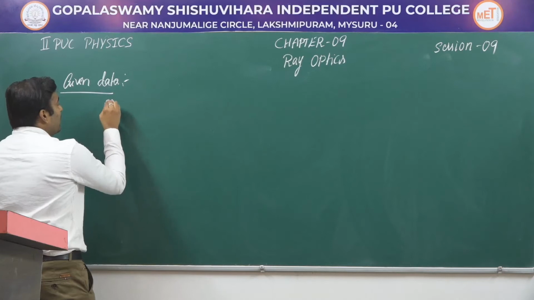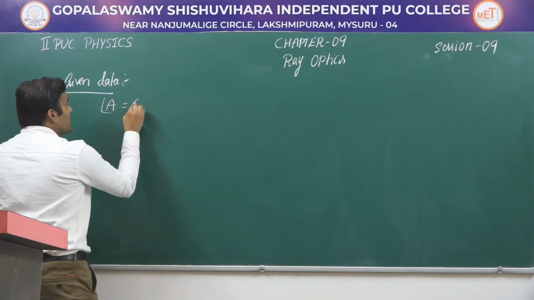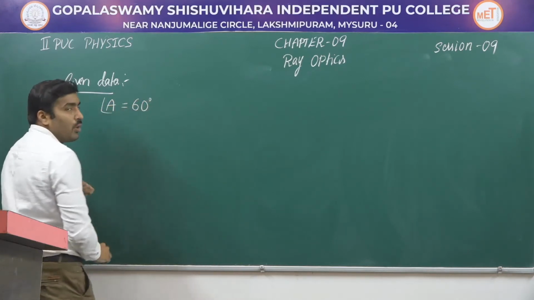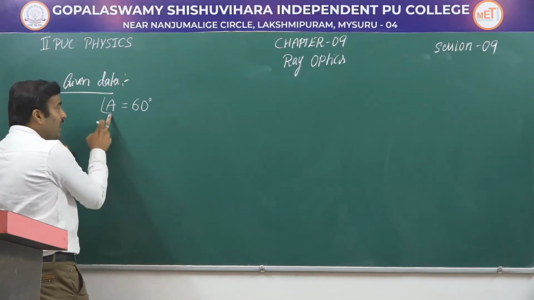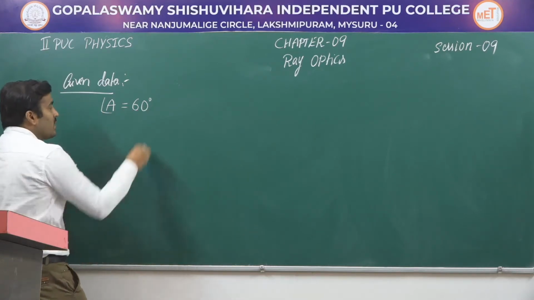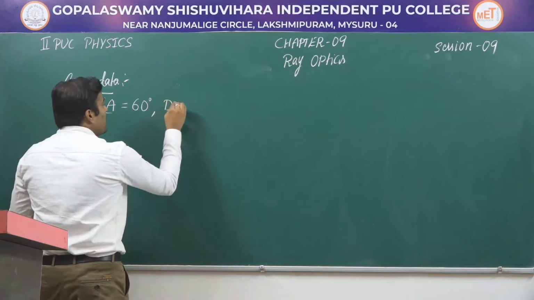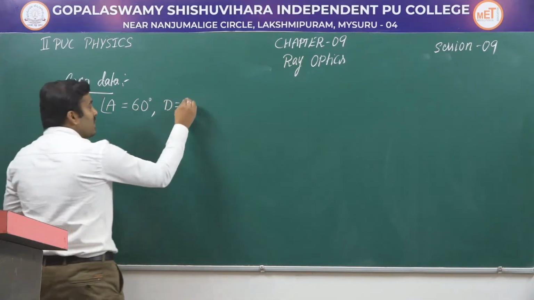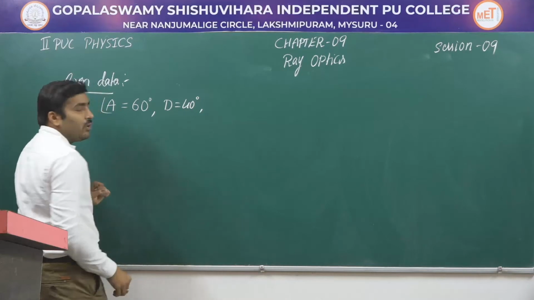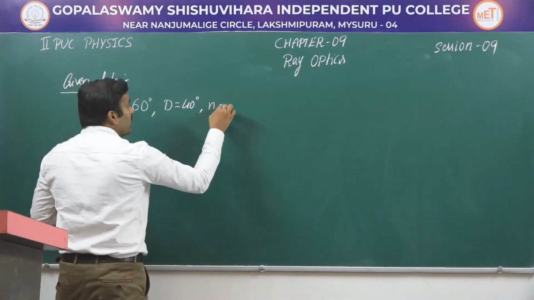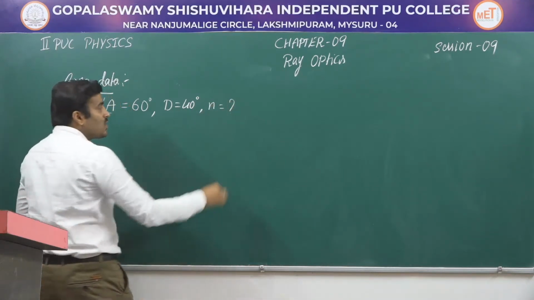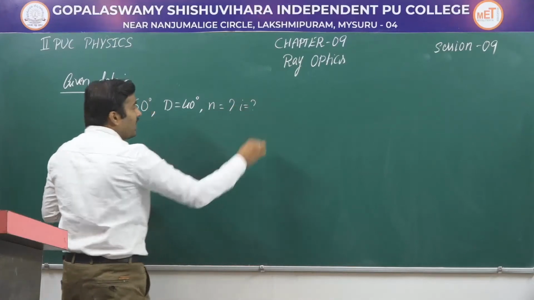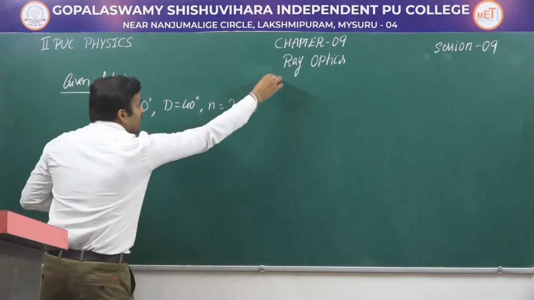So if it is an equilateral prism, the angle of the prism is equal to 60 degree. Next, the minimum deviation produced by the prism is equal to 40 degree, and what we need to find is the refractive index of the prism, and also the angle of incidence. So let us do this.